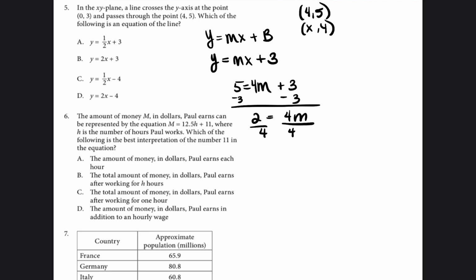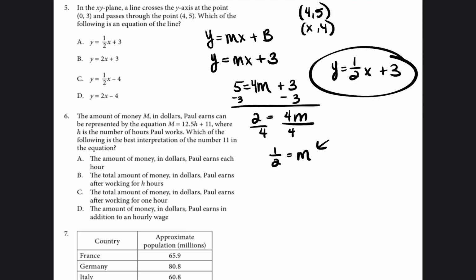So that would be 1/2 is equal to m. So y is equal to 1/2 x plus 3. So that one almost got me, but I survived it.